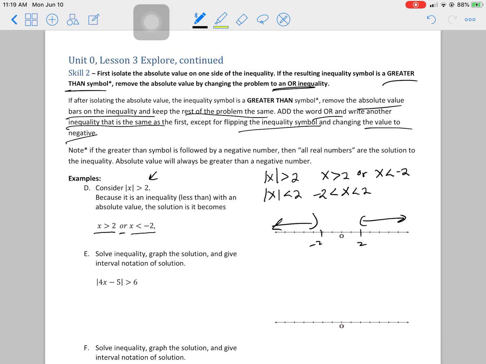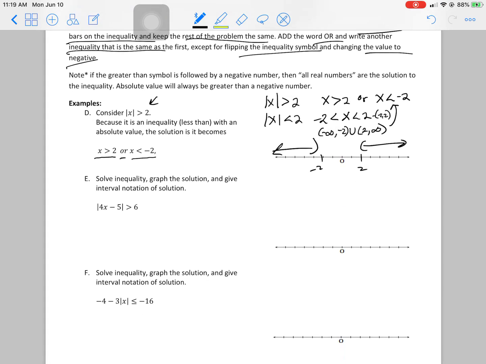And then because it's an or, you're going to have negative infinity to -2, soft bracket, union, soft bracket, 2 to positive infinity. Okay? So that goes with that one. And this one was a soft bracket, -2, 2. So maybe you can add that to the card.